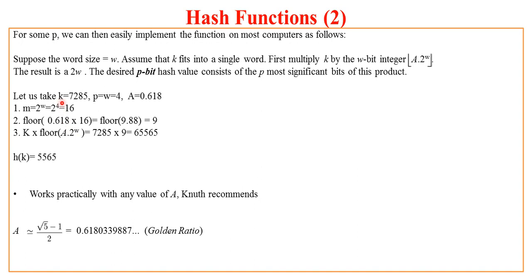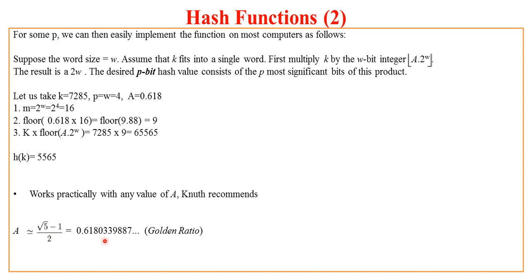Let us take one example. The key is 7285, p or w is 4, and a is 0.618, which is a very standard value called the golden ratio, given by Knuth, which is nearly equal to (square root of 5 minus 1) by 2.